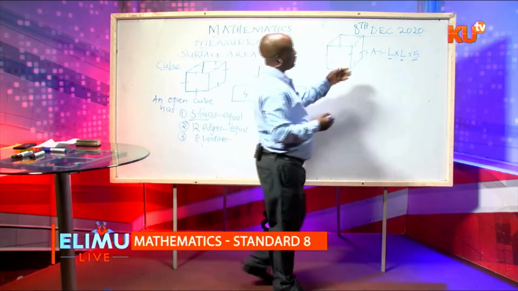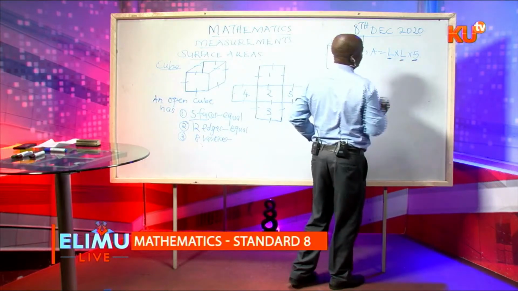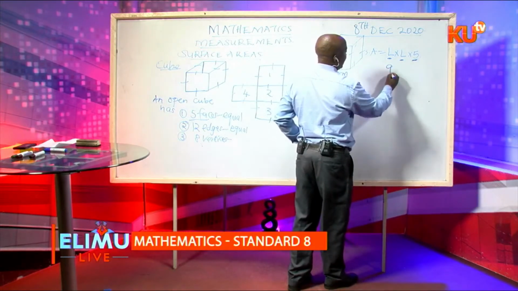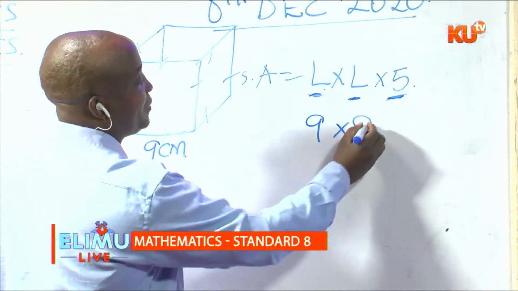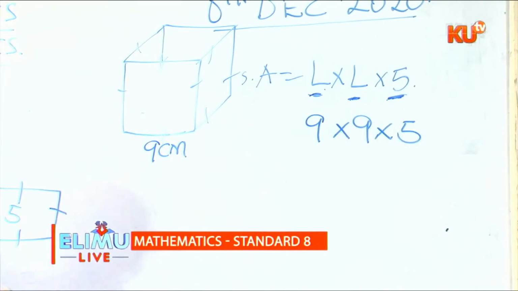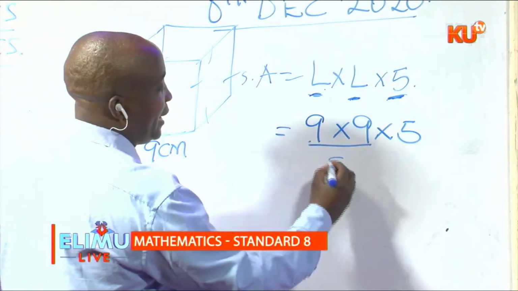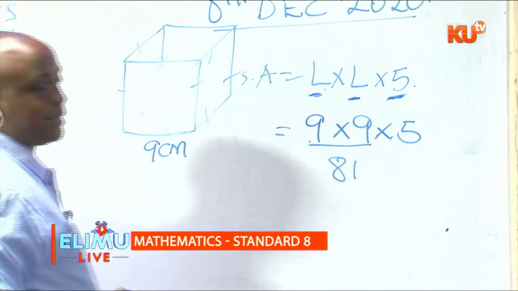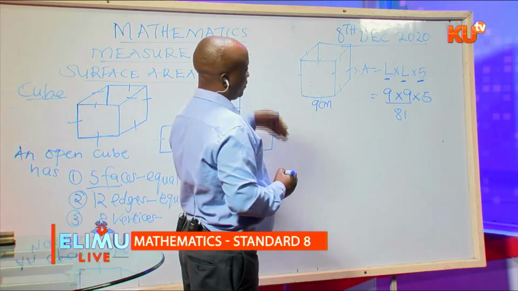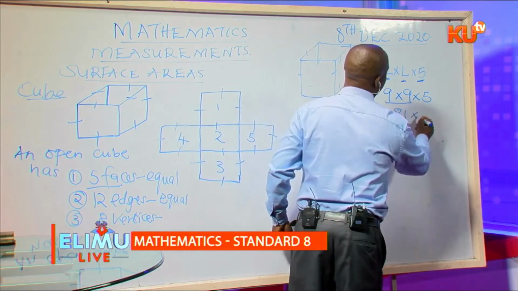So we are going to come here, we write the formula that surface area is length times 5. So you're going to have 9, which is the side, times 9, then we multiply by 5. So remember, we have said 9 times 9 will give us the area of one face. So the area of one face of an open cube, this one is 81.